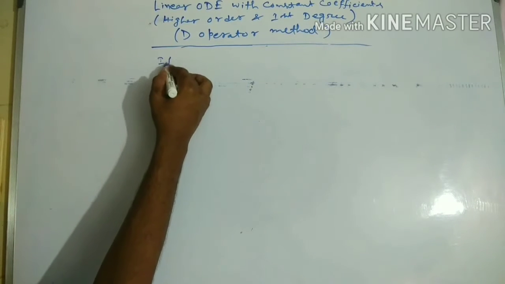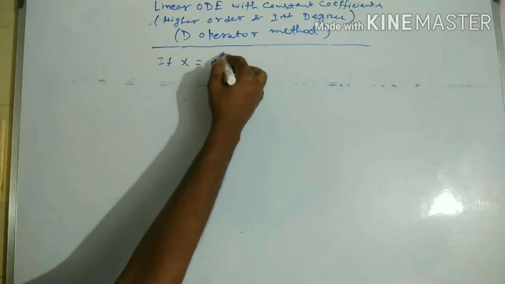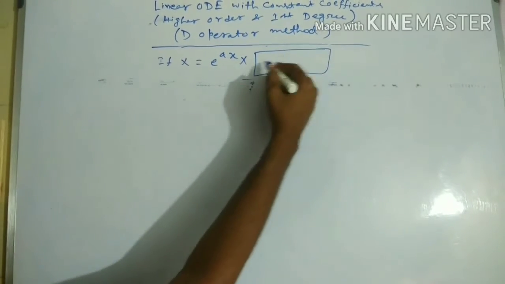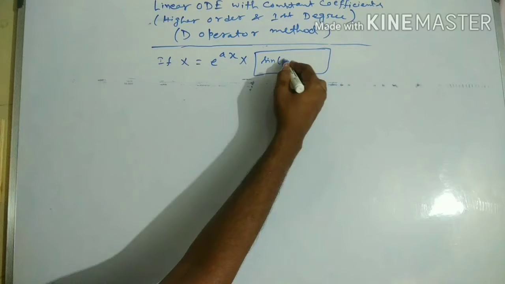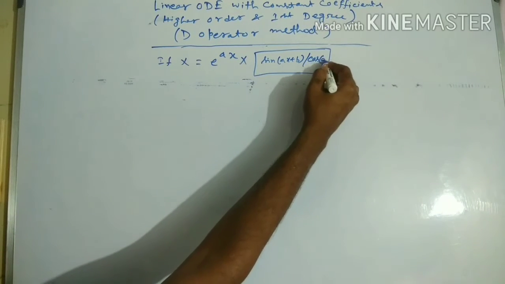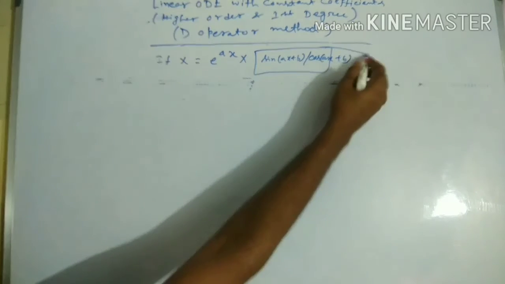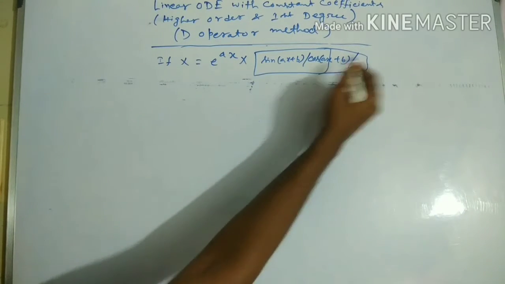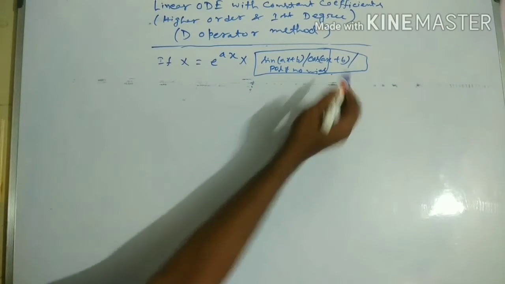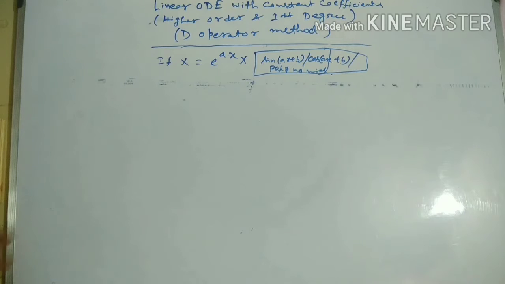So if capital X is e to the power ax into sine bx or cos bx or polynomial function. So e to the power ax is fixed, the product of e to the power ax into any of these functions.